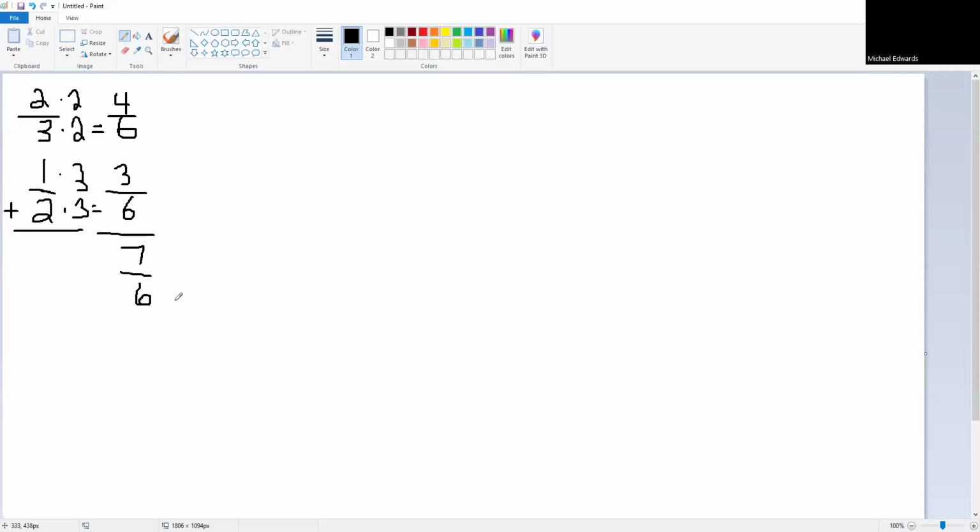So rational expressions would be the same way. It wouldn't be much different, except we have x's and x squares and stuff like that. So x over 8y plus x over 6.